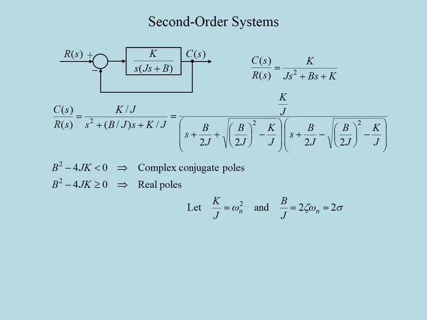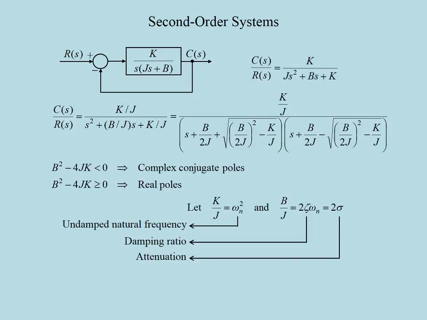We will further call zeta omega n as sigma. As we shall see in a few minutes, omega n is in fact the undamped natural frequency of the system, zeta is the damping ratio, and sigma will be called attenuation.